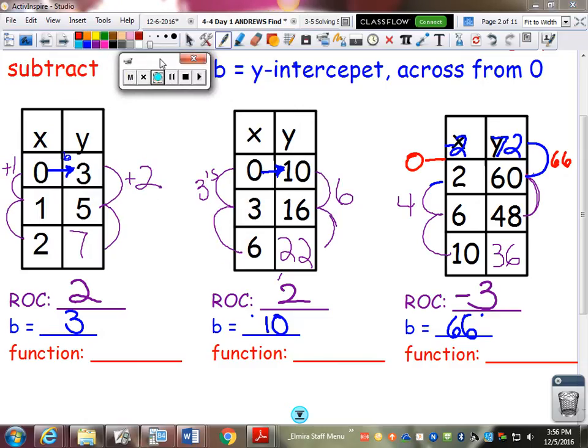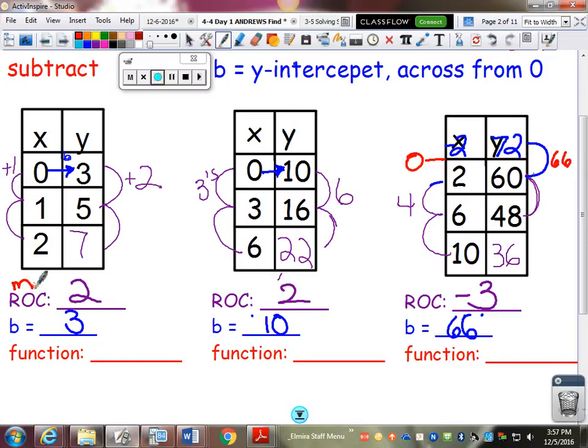Okay, what we're doing now is writing a function rule for each one of these situations. And a function rule is in the form of y equals mx plus b. Well, remember, rate of change is your m.